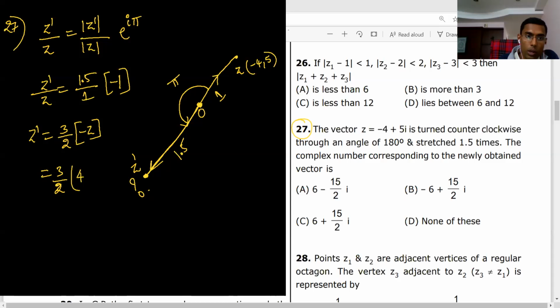Minus z is 4 minus 5i. This is going to be 6 minus 15i by 2, as 2 gets cancelled. So 6 minus 15 by 2 i is the answer. Like this.